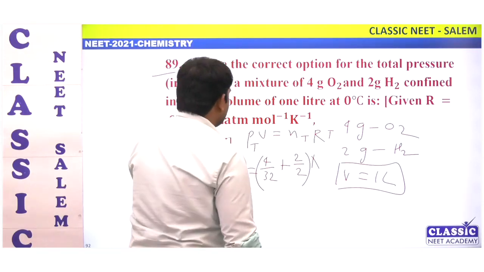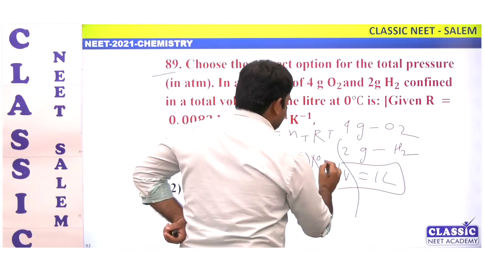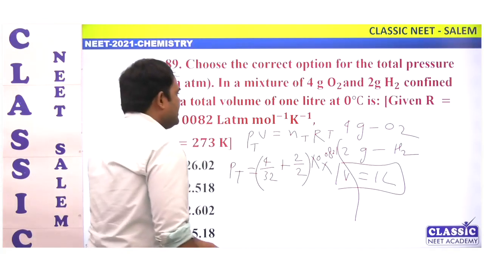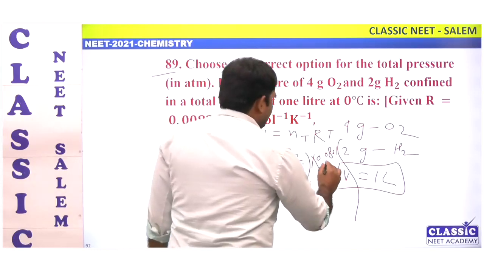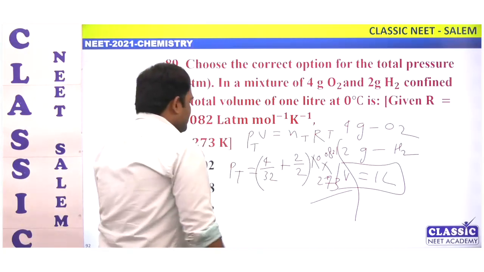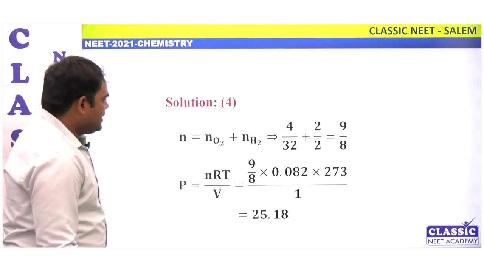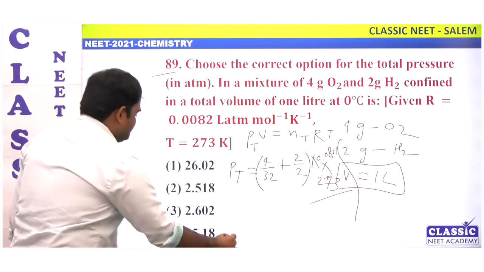And what about the R value? That is given 0.0821, into the T value, which is given here as 273. We can calculate and get the answer. So once you calculate this, you will get 25.18. Fourth one.